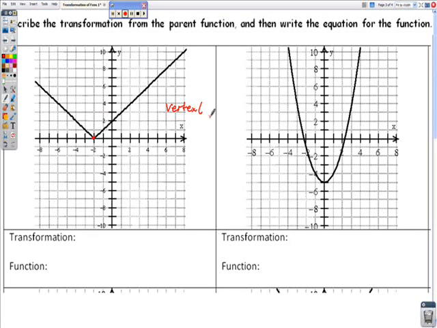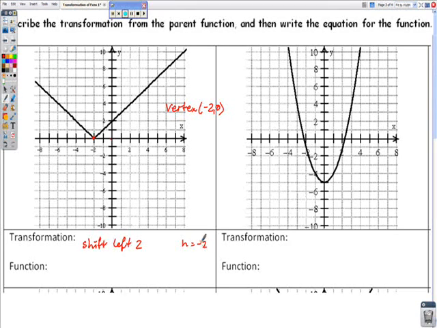Okay. We know that the parent function has a vertex of 0, 0. So how did we get to negative 2, 0 from 0, 0? Well, we had to go left 2. Well, that's the transformation. Shift left 2. If we shifted left 2, that must mean that h is negative 2, because that's a shift left.